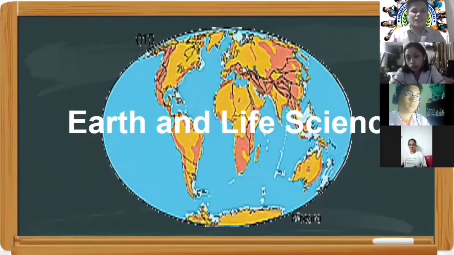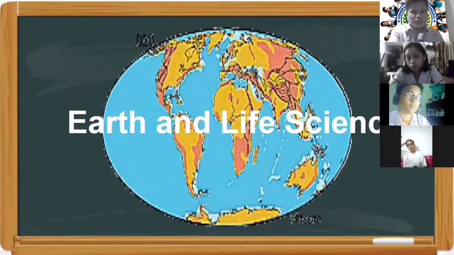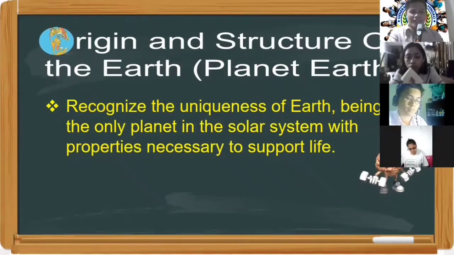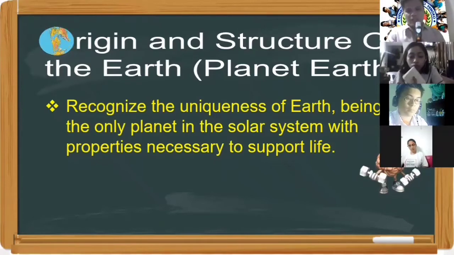And at this point, our learning target for the day is to recognize the uniqueness of Earth, being the only planet in the solar system with properties necessary to support life.